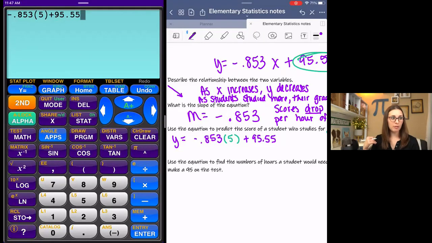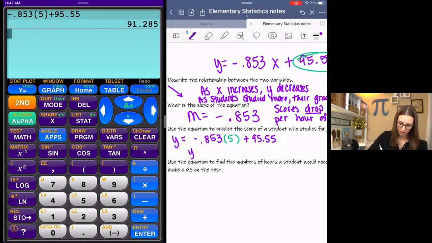Negative 0.853 times 5 plus 95.55 is 91.285. So a student who studies for 5 hours is expected to make about a 91 on the test.